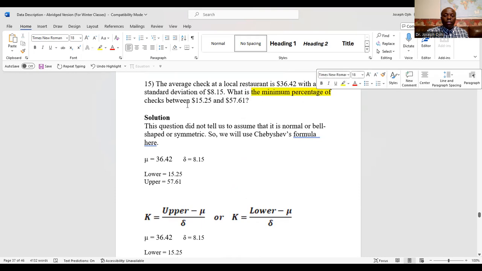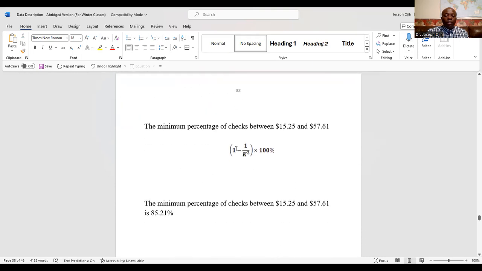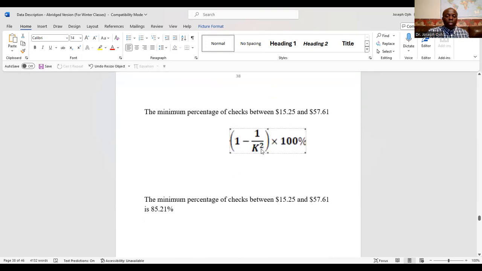To find the percentage, we use this formula here: 1 minus 1 over k squared, times 100.